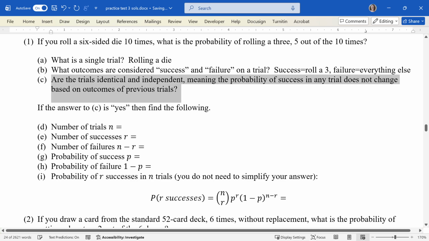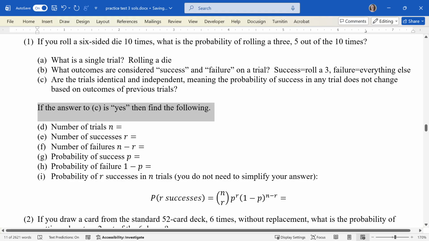Okay, and then the most important question here is, now that I figured out what trials and successes are, are the trials identical and independent, meaning the probability of success in any trial does not change based on the outcomes of previous trials? So yes, the die does not remember what it rolled before, so regardless of what I roll in the last trial, the next trial is independent of that. The probability resets to 1 out of 6 again.